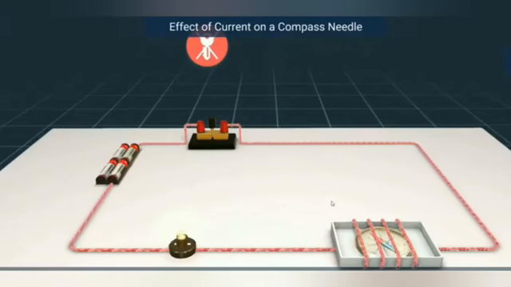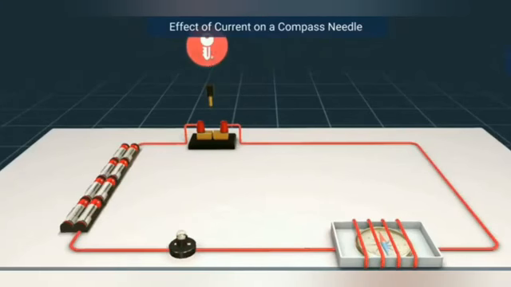Now, unplug the key and observe. We can see that the compass needle comes back to its initial position. Repeat the experiment a few times. We know that a compass is a tiny magnet which is affected by any magnetic field around it. In this activity, we have seen that the compass needle gets deflected when the current flows nearby.